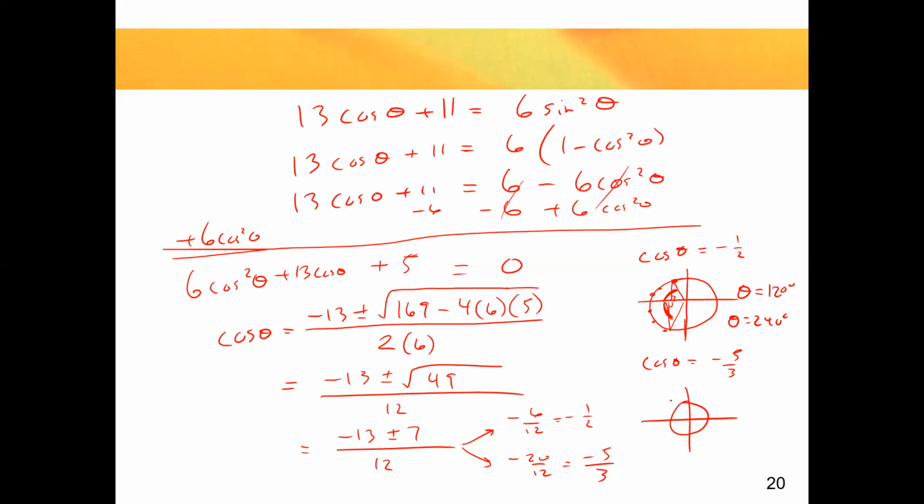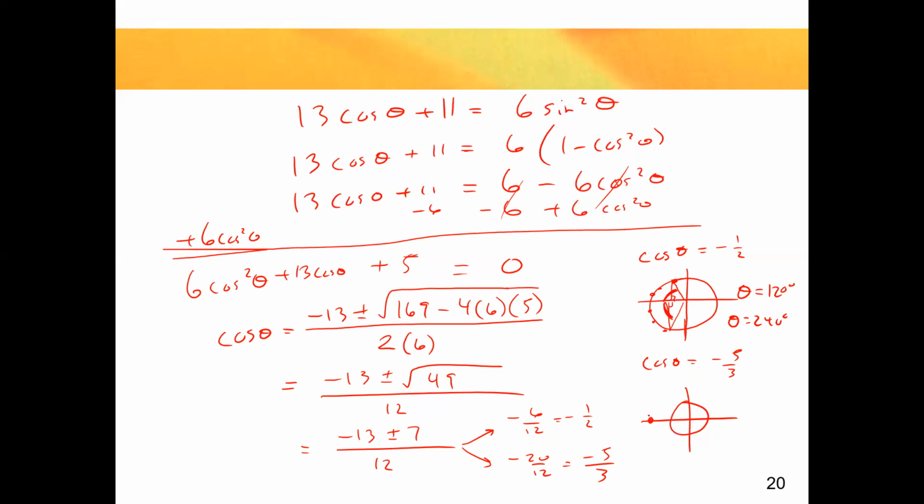Okay, and then back to Grant. Grant, when is cosine theta equal to negative 5/3? It's a tricky question. Go ahead. The dot is at negative 5/3.